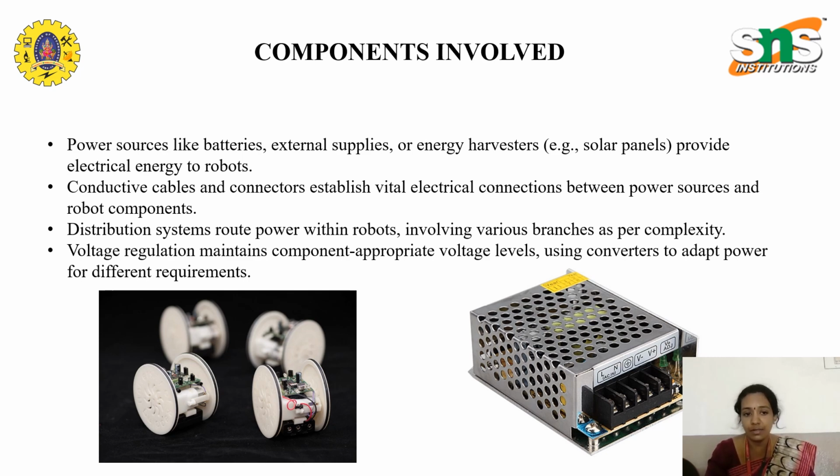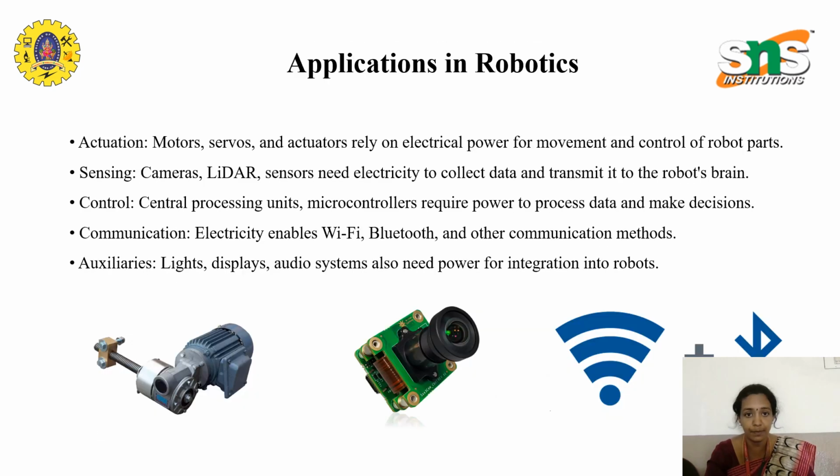The distribution systems route power within the robot. This involves various different branches for complexity. Voltage regulation maintains appropriate voltage levels for components, using converters to adapt the power for different requirements.